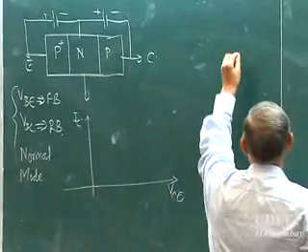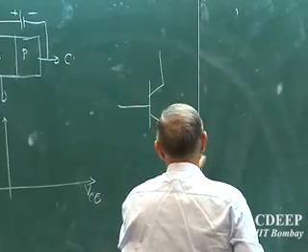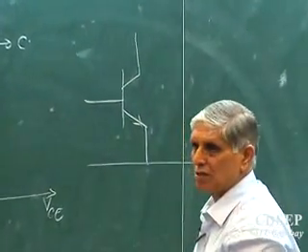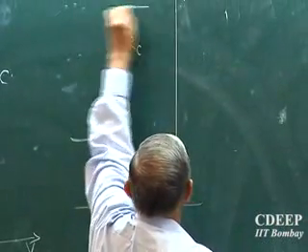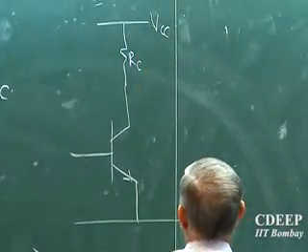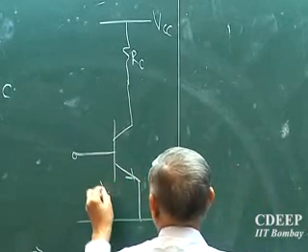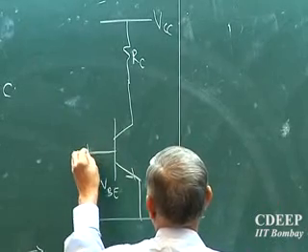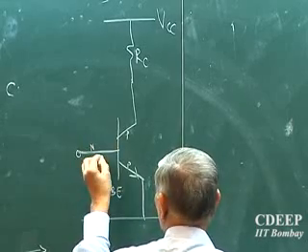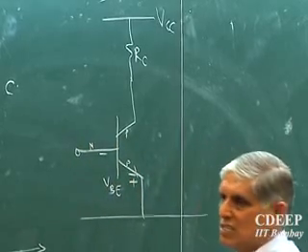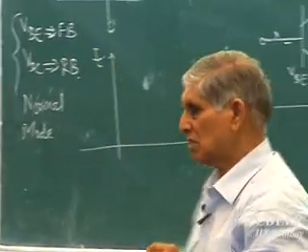Why I call it VCE is this: if you see a typical transistor in common emitter mode, and let's say I put some load resistance RC with a power supply of VCC. This is N, this is P, and this is P, and I have forward bias, with the polarity plus to the emitter and minus to the base.